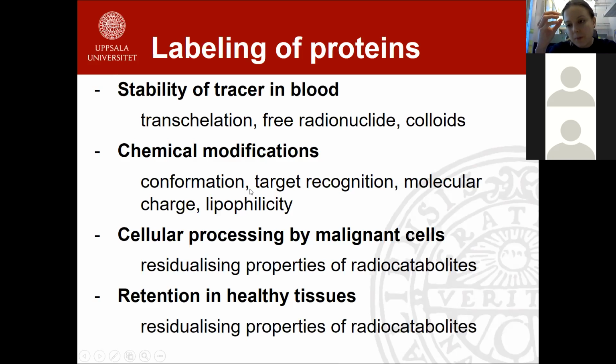If there was a binding site that the biomolecule binds to the target, and we all of a sudden block the binding site for some reason, then the biomolecule cannot bind to the target anymore. So the target recognition is somehow impaired, it's not working anymore. Something that we also check in the lab.